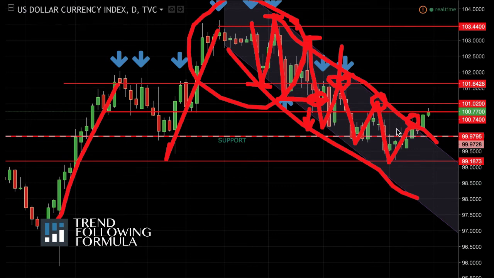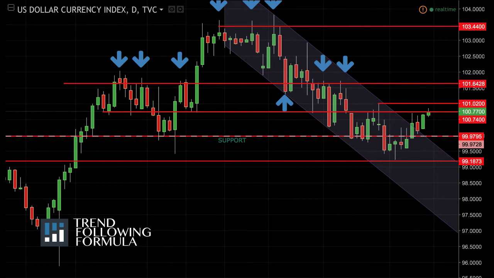That third trade has a stop above the 101, as we mentioned before in the previous video. This is a downtrend. You need to sell on the short term. Yes, on the midterm, you need to be bullish on the US dollar currency.